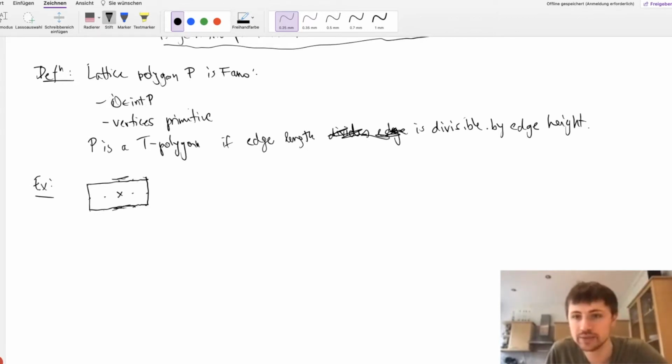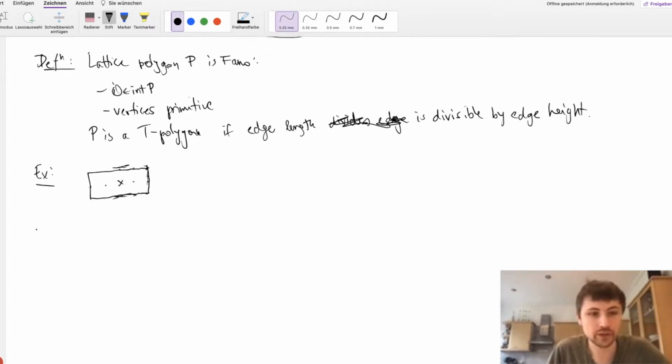So that condition is satisfied. And we also see 0 is in the interior of the polygon and the vertices are primitive. So it's a Fano polygon. This edge here has length 2 and height 2, and same for that edge. So again, this condition is satisfied. So this polygon is an example of a T-polygon.